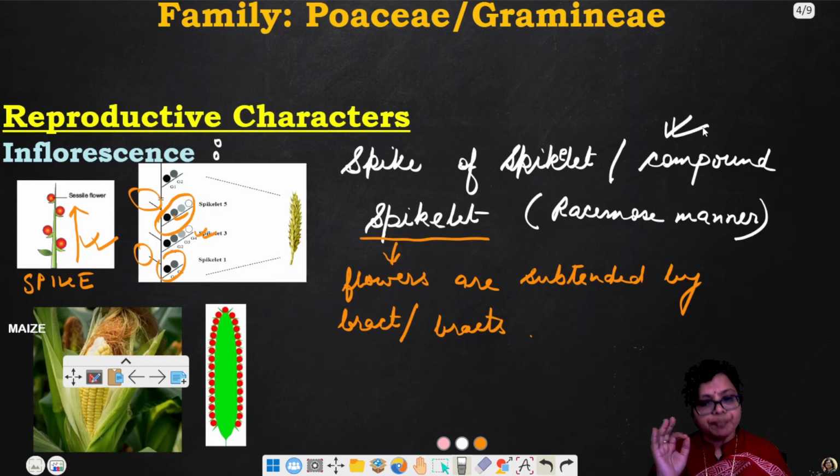In the members of maize, we find the inflorescence which is called spadix.